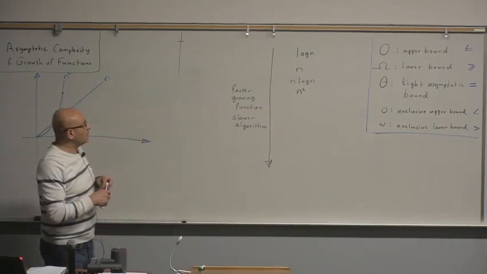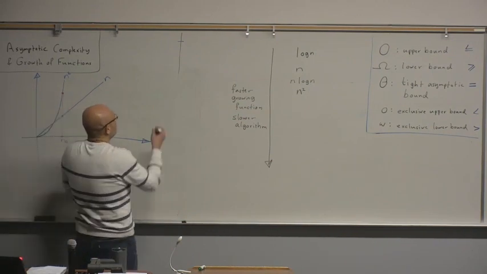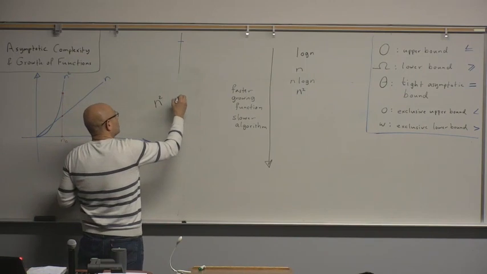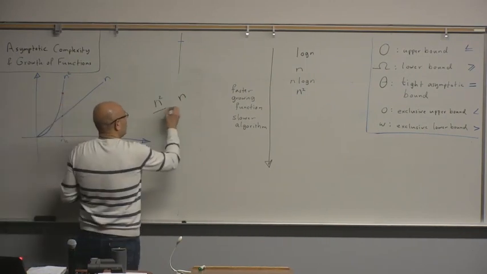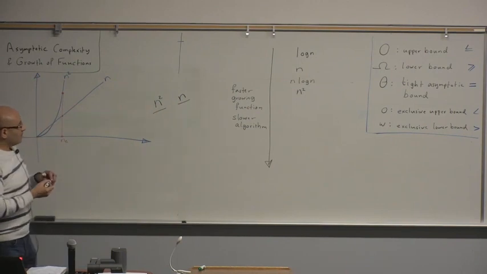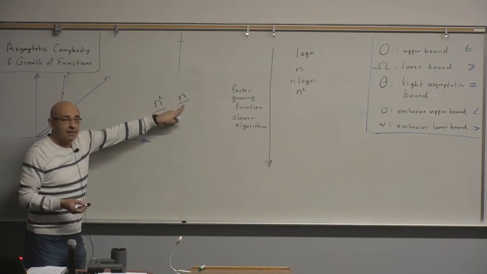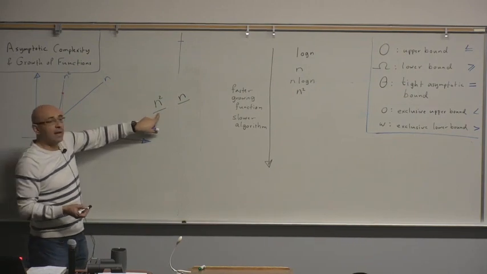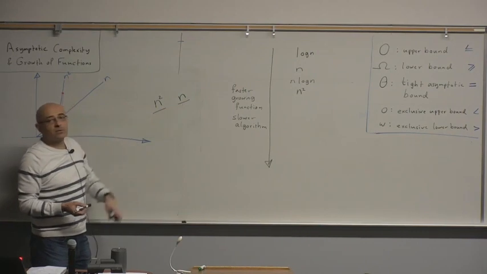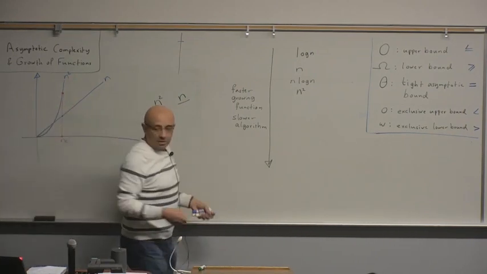And one student got confused. So one student asked me, is n squared faster or slower than n? Well, then I had to explain it. The function n squared goes faster than the function n, but an algorithm whose running time is n squared is a slower algorithm than an algorithm whose running time is n. Okay?